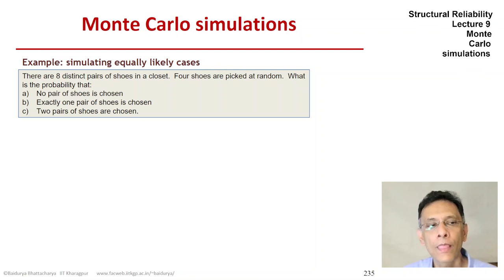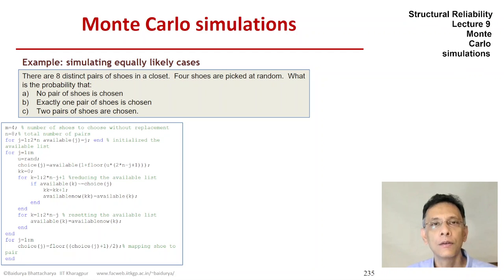are chosen? So the key here is basically to be able to choose a shoe randomly, repeatedly 4 times from the available ones, and then see if there is any pairwise match or not.